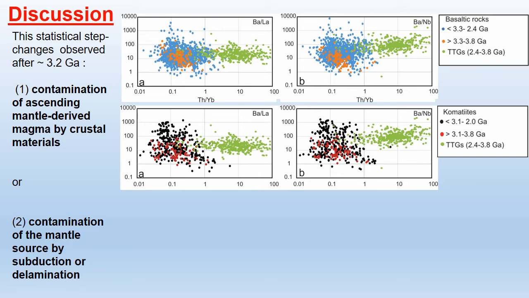Here is the basaltic data, and here the komatiitic data, and we compared them with TTG, because TTG is the main continental crust. We found there is no overlap between our basaltic and komatiitic data and the TTG.